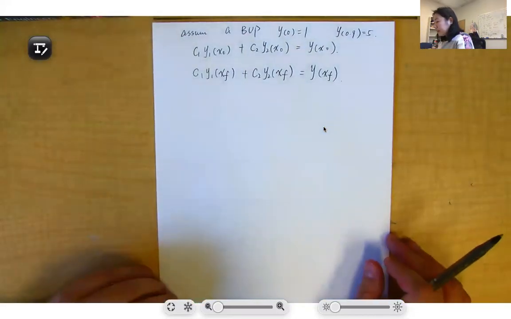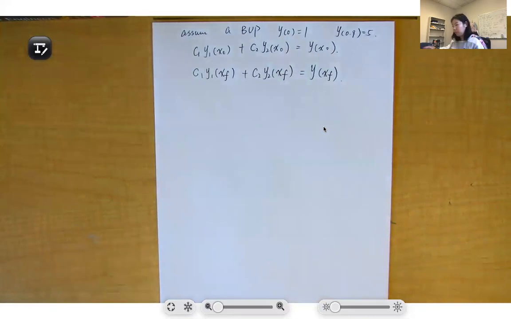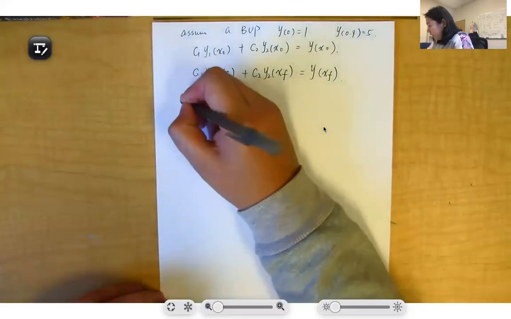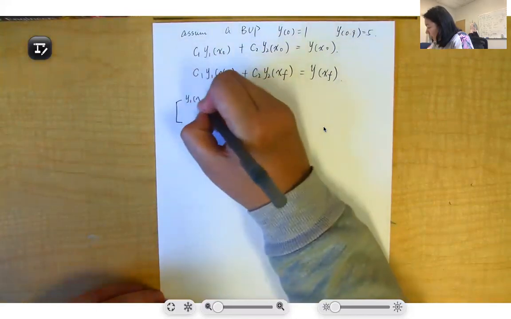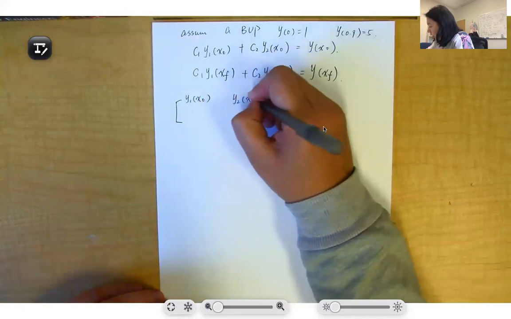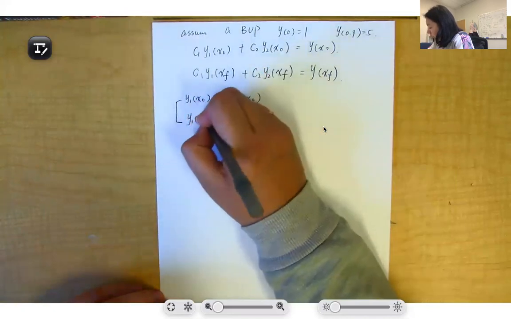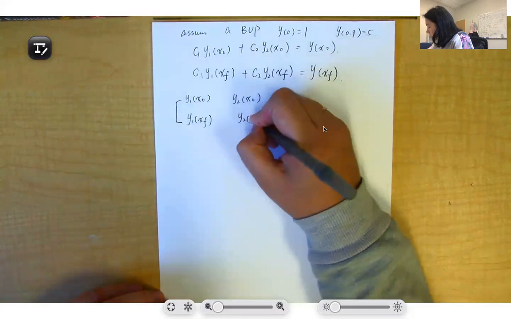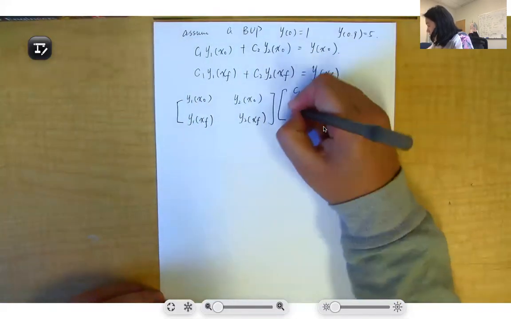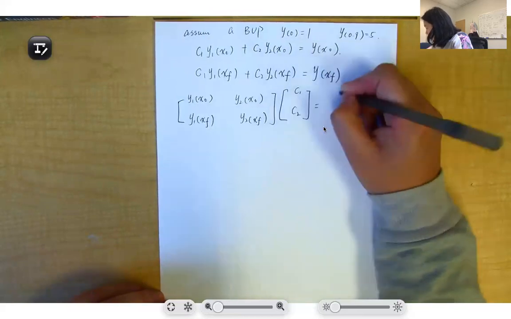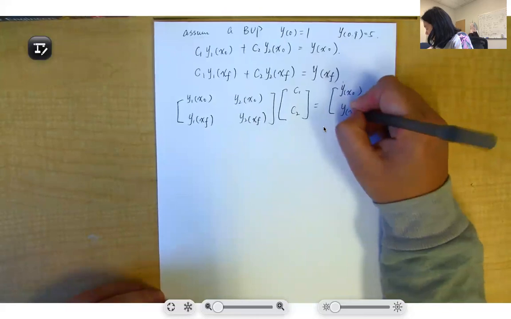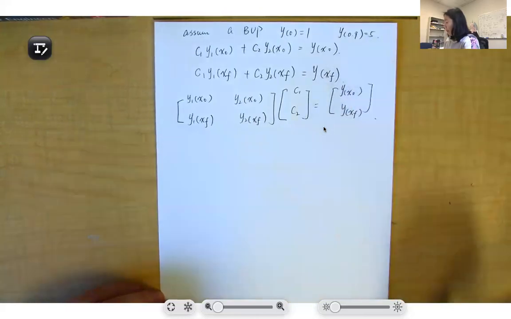Then you can make a state space representation for these two linear algebra equations. So you have y1 at x naught, y2 at x naught, y1 at x final, y2 at x final, times the coefficients c1, c2, equals y at x naught, y at x final. Okay.